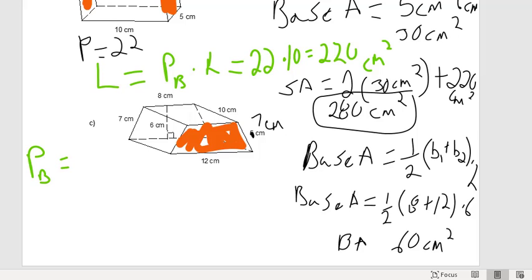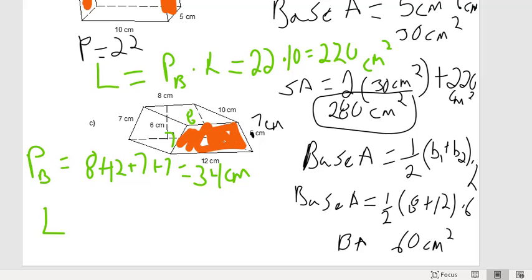So 8, since they're congruent, that side's 8. This side has to be 7 as well. 8 plus 12 plus 7 plus 7. And that is 34 centimeters.